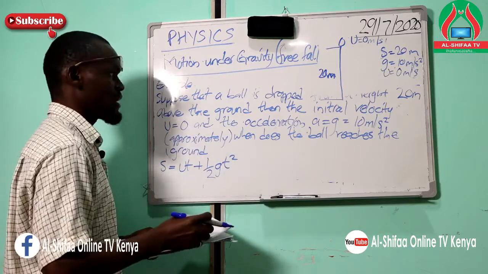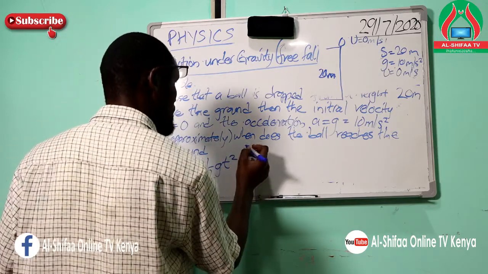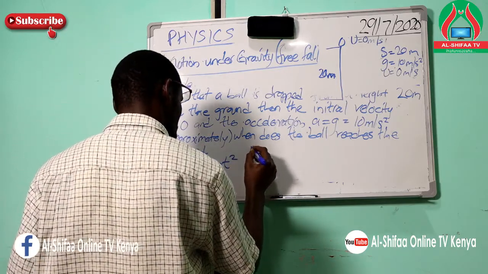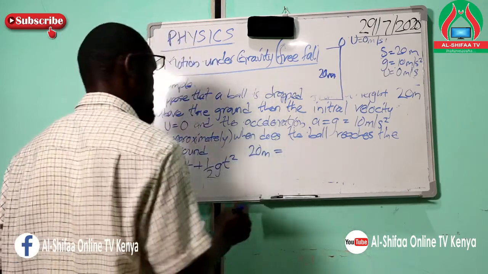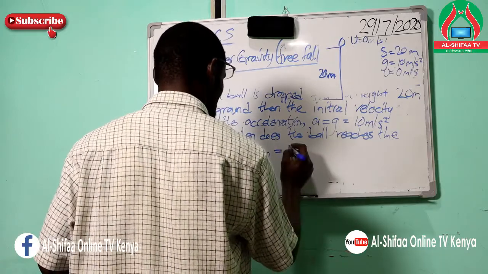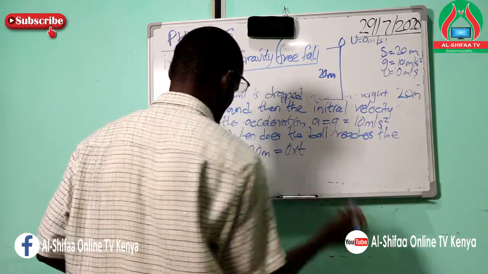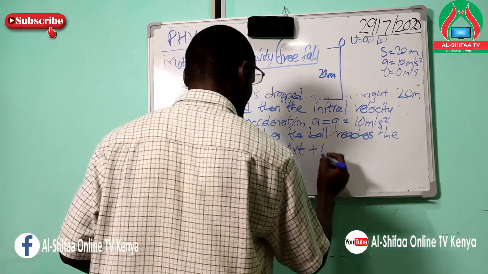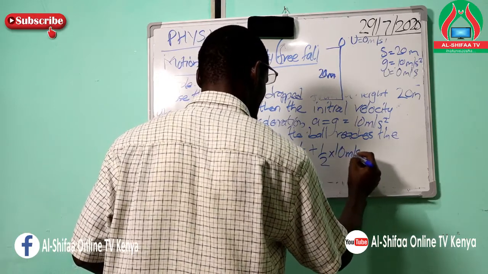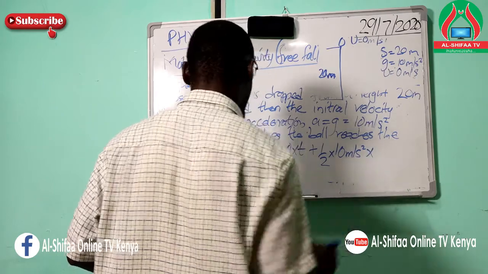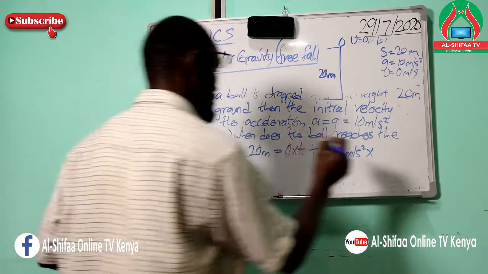When we insert the values, we'll have 20 meters equals initial velocity, which is 0, times t, so it will be 0 times t, which is the same as 0, plus a half times g, which is 10 meters per second squared, times time squared.